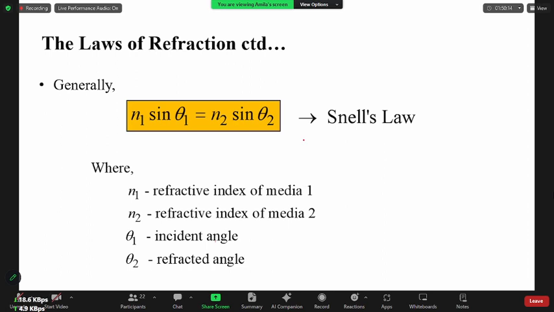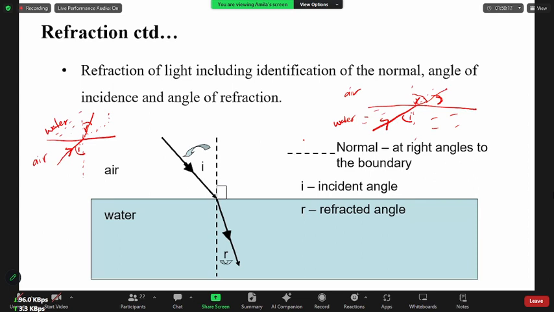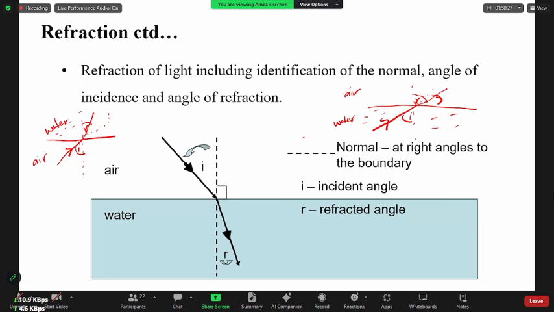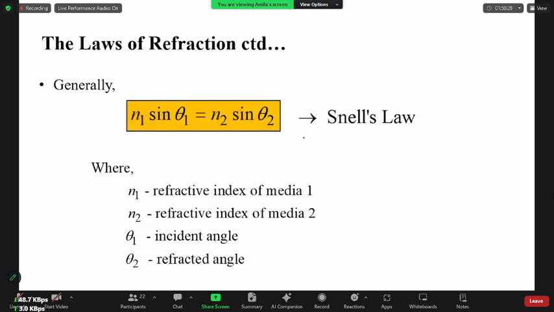Snell's law. So in the reflection, the law is this: the angle of incidence is equal to the angle of reflection. In refraction, the law we call Snell's law.